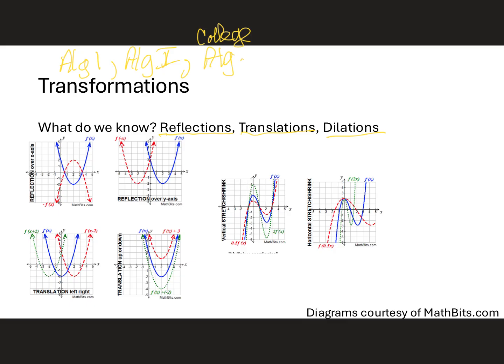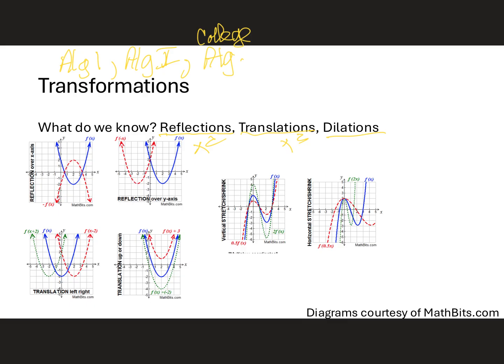So we have some very simple algebraic functions. We have an x squared type graph here, and then this one over here is an x cubed type graph. And you should remember those from last semester.